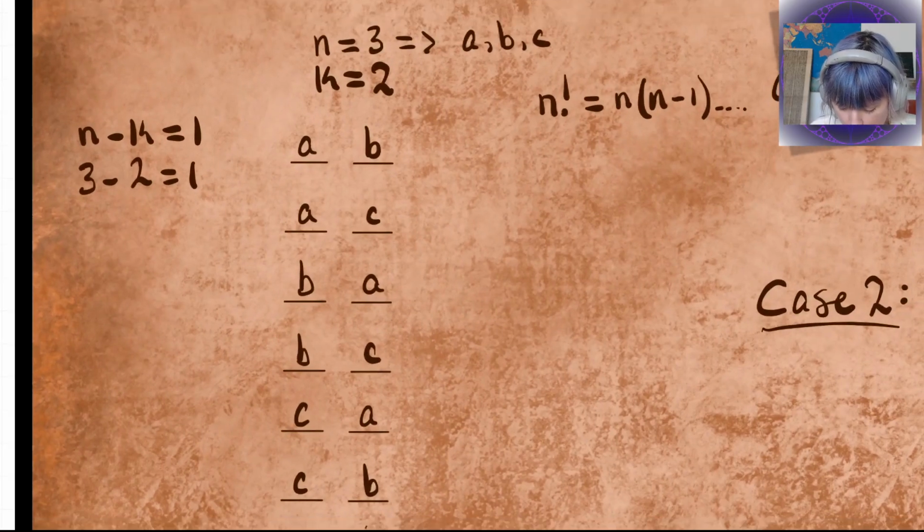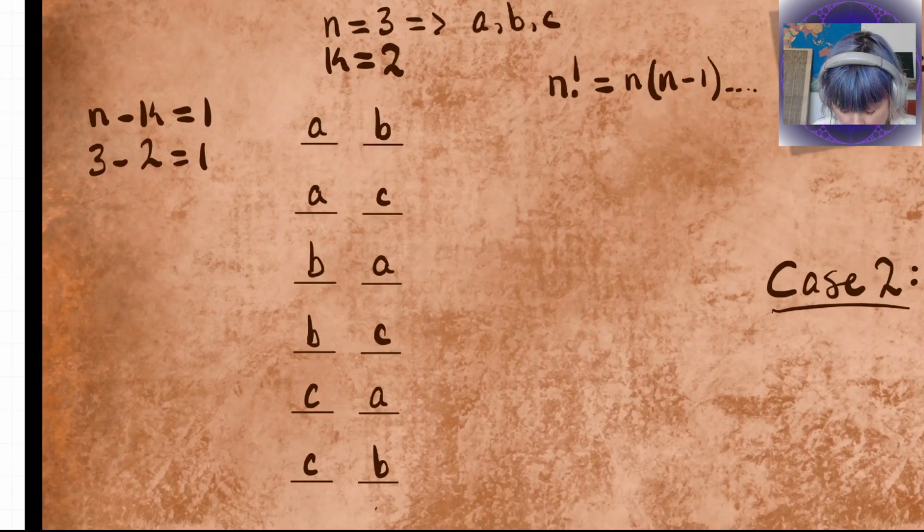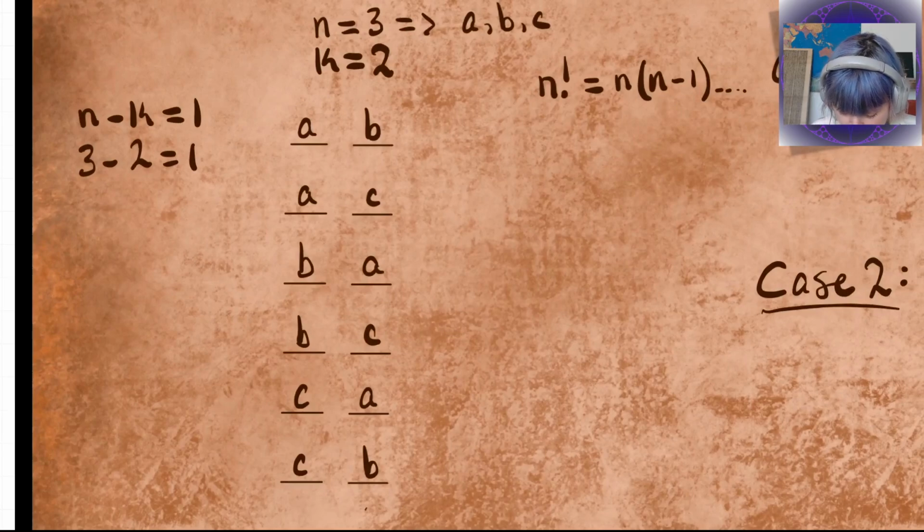Okay, so we're gonna look at the permutations first. And notice that in removing a row, or a column, by saying k is equal to 2 now, it kind of looks like nothing has changed, right?